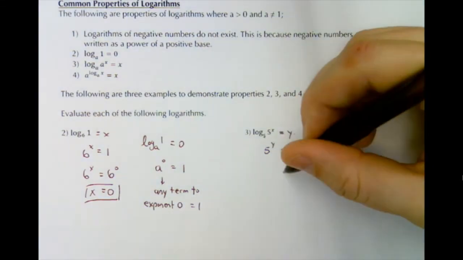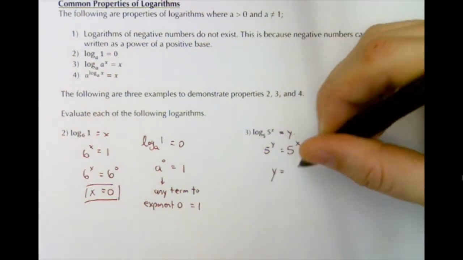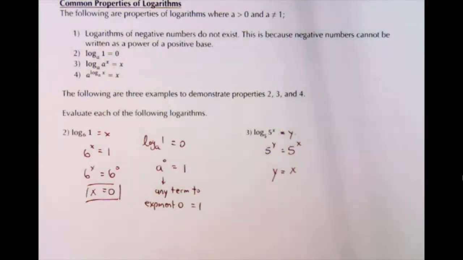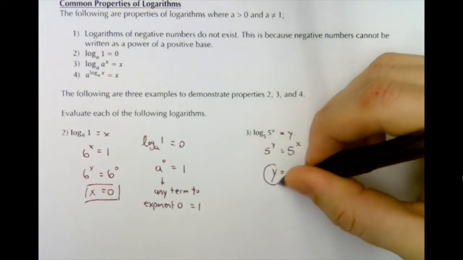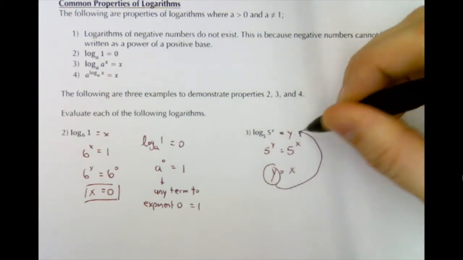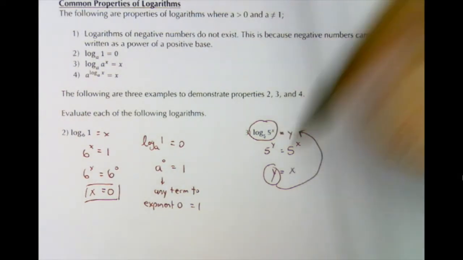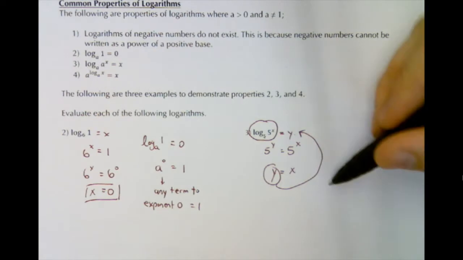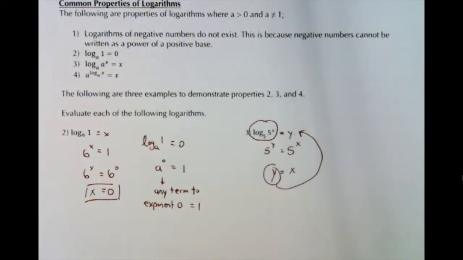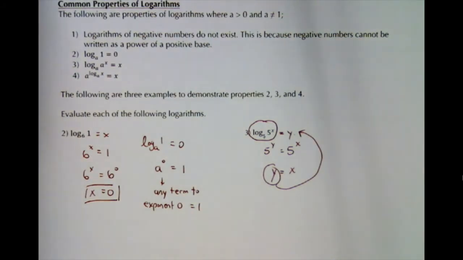And here, if we equate the exponents, we get that y equals x. Well, what is y? Actually, y is the log of 5 to the exponent x base 5, and it equals x, which is the exponent. So here we've just demonstrated the third common property.